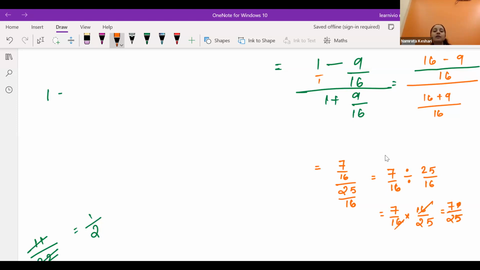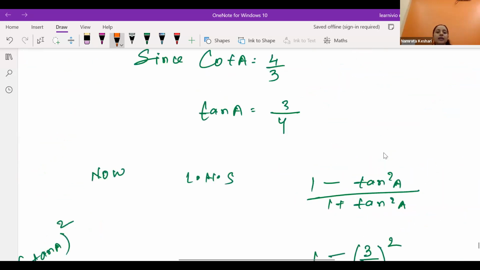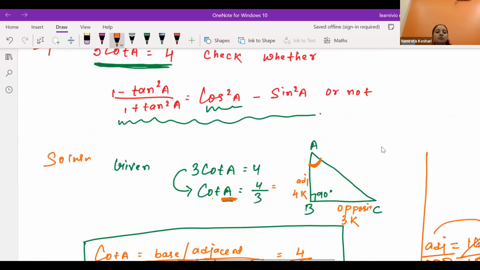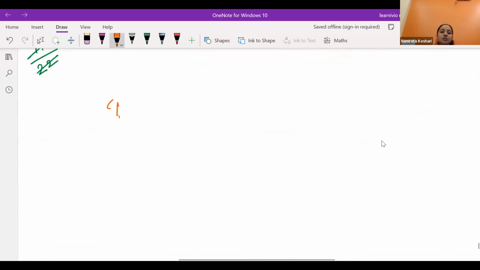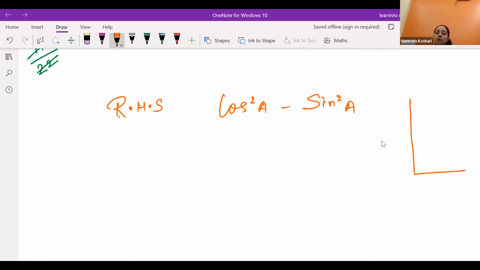We also have to check the result of the right hand side. The right hand side is cos square A minus sin square A. The right angle triangle which we have drawn previously, I am just copy pasting that, and we have found this side as 5k.